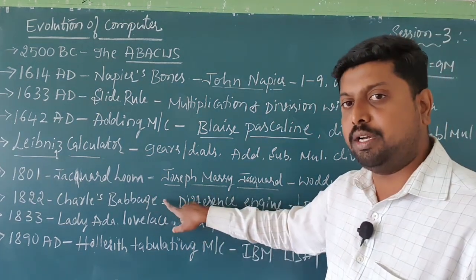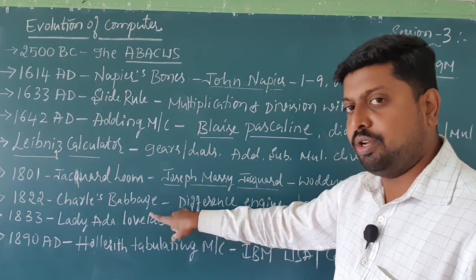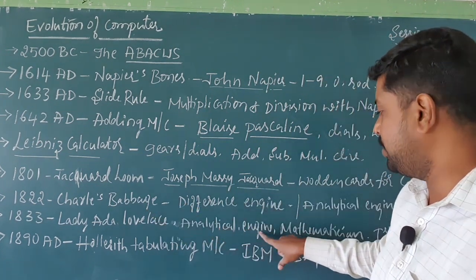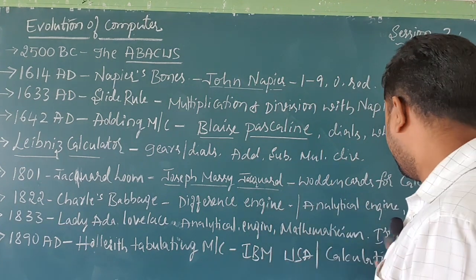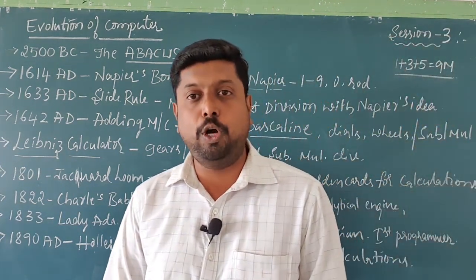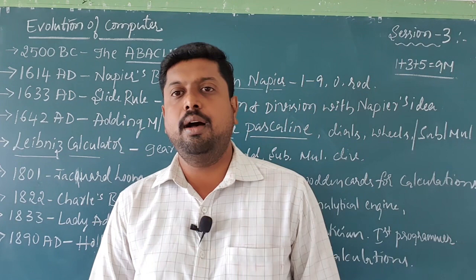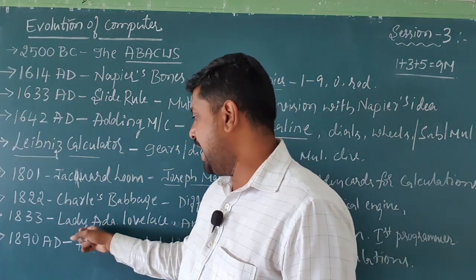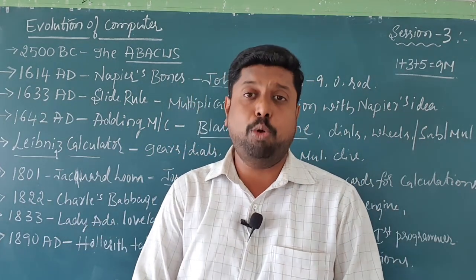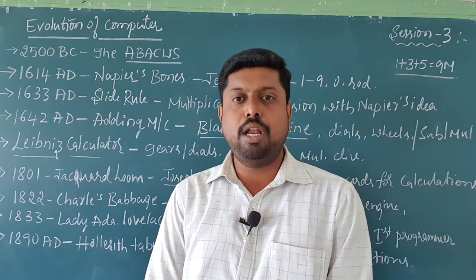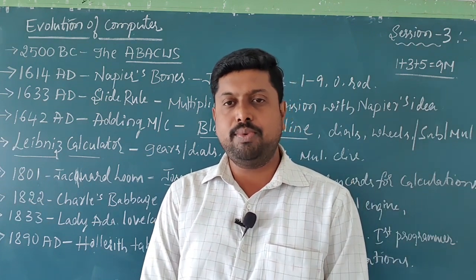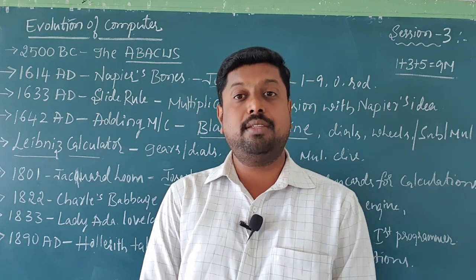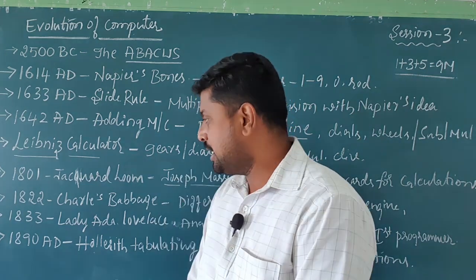What Charles Babbage introduced, she worked on for the mathematical calculations. She is a mathematician, and she became the first programmer. With the help of Lady Ada Lovelace's programming, the calculations were made very easy. That's why she became the first programmer and first lady programmer in 1833.